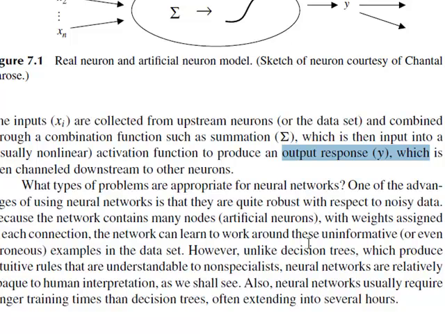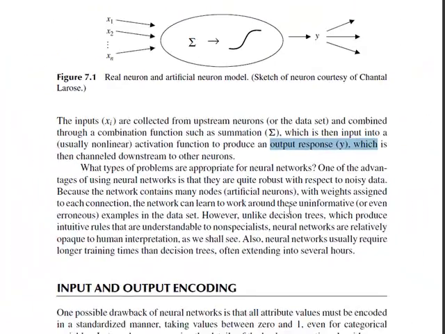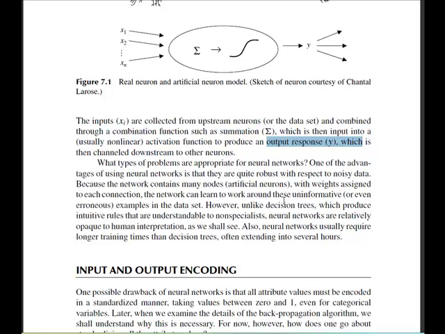Because the network contains many nodes, we'll see what that means, with weights assigned to each connection, we'll see what that means, the network can learn to work around these uninformative or even erroneous examples in the data. So noise means that you have data that's messy, in other words, bad data in the set.